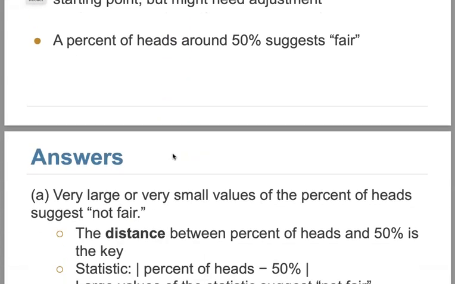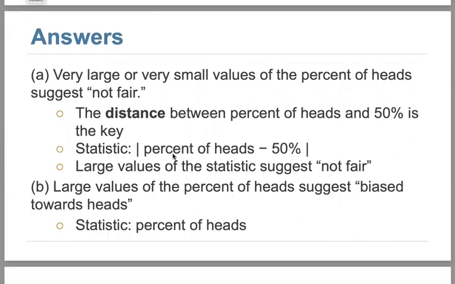So back to our discussion question. In the first question, the viewpoint says the coin is not fair. If so, the heads result is not close to 50%.